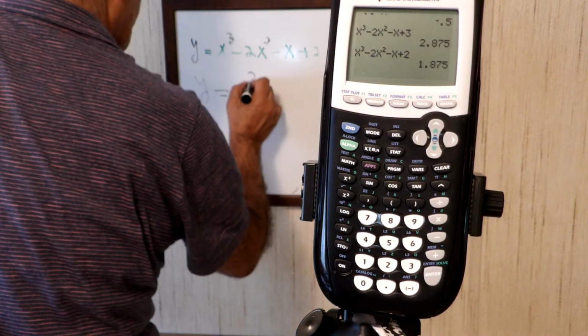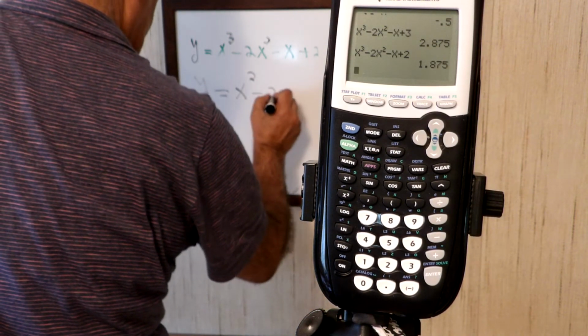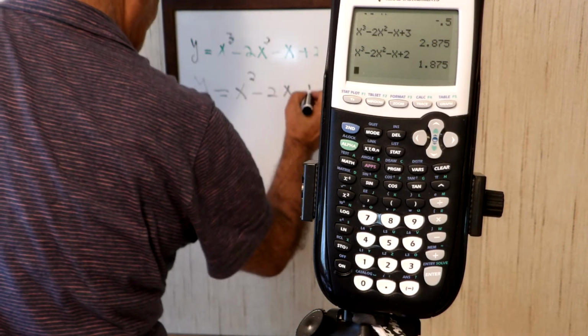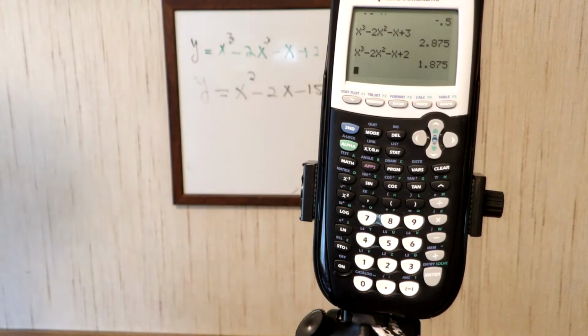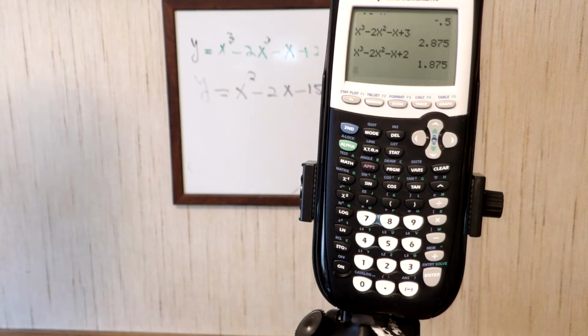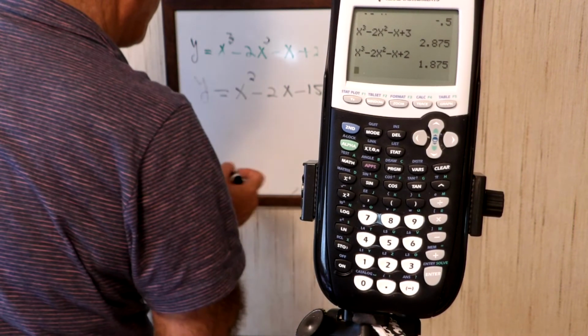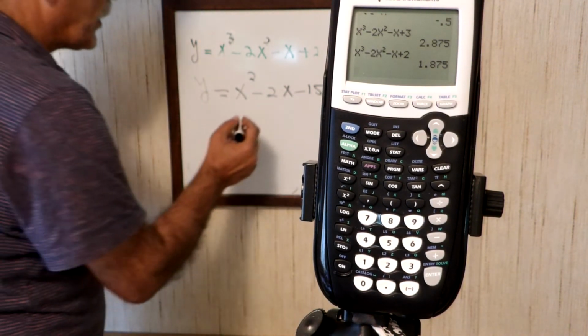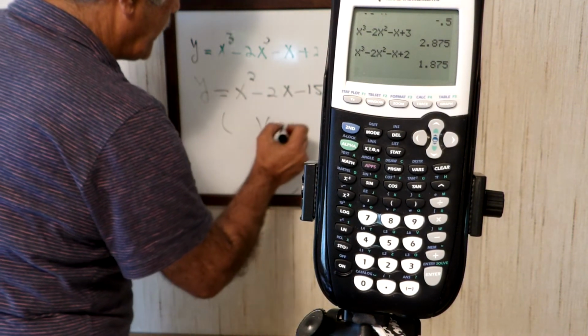Let's use the same equation here, x squared minus 2x minus 15. First of all, I want to tell you how we find the answer of this.